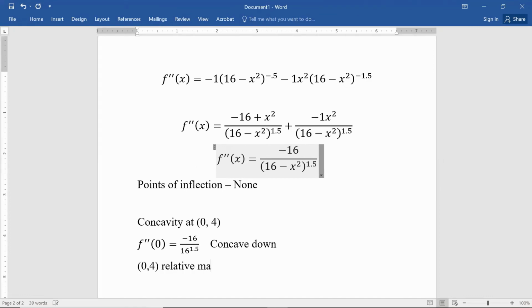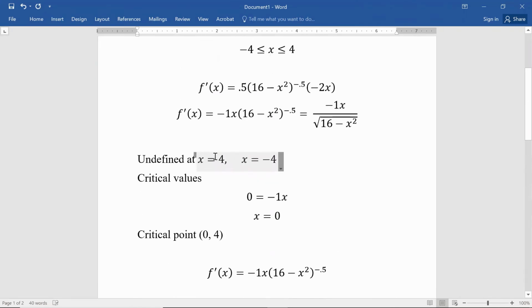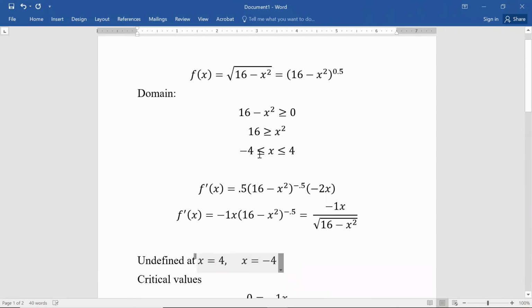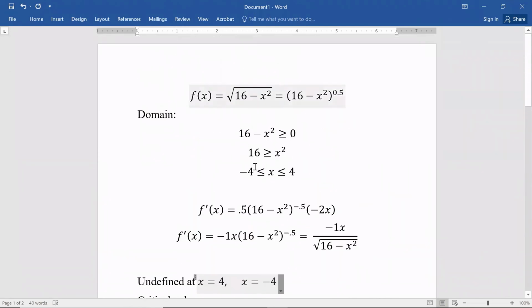So we have one critical point. We have undefined at 4 and -4. That's where the first derivative is undefined. The only thing that's left to do is to see what happens at these endpoints. Well, if you plug in -4 into my original function, you get a 0.